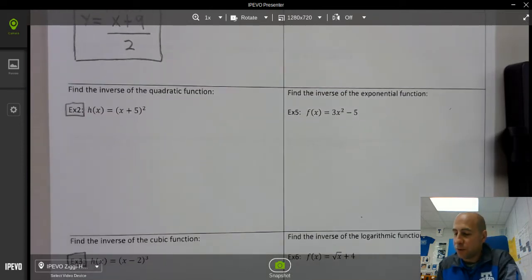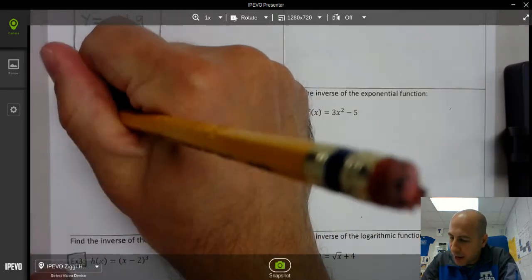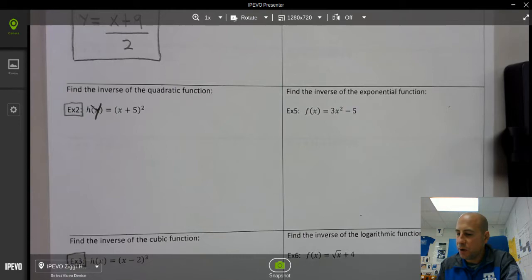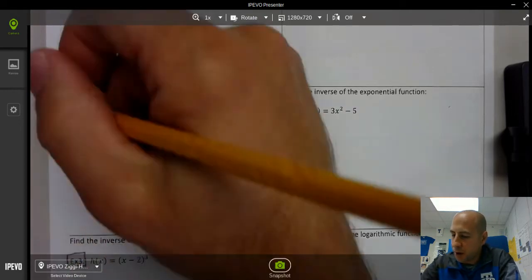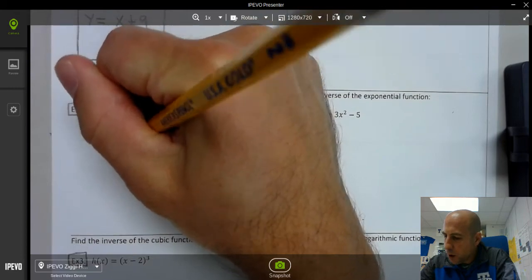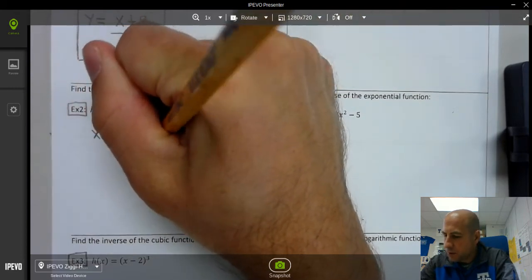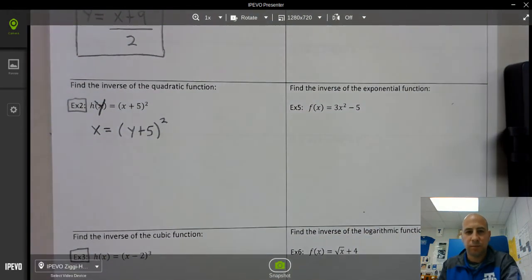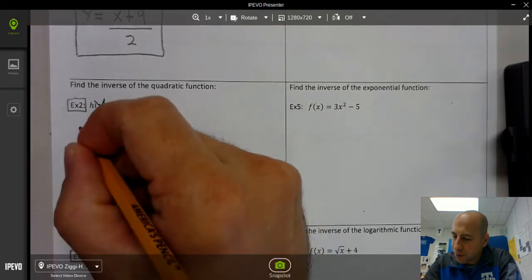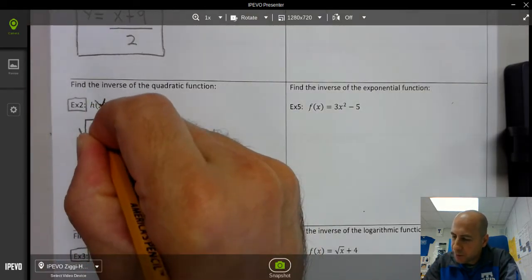Example 2, find the inverse of the quadratic function. First thing, we're going to change h of x to y, step 1. Then step 2 would be to switch the x and y. So that's x equals y plus 5 squared. First, we're going to take the square root of both sides.